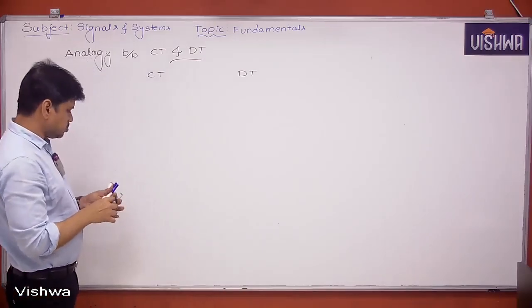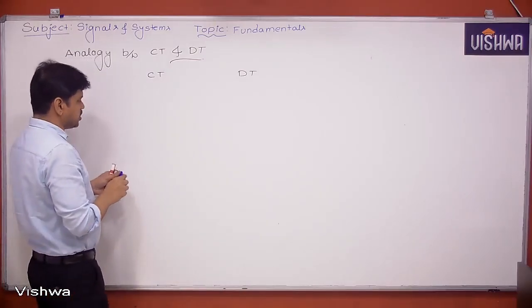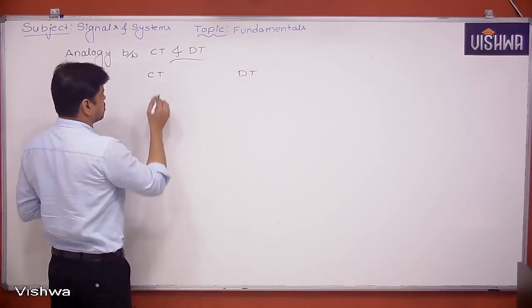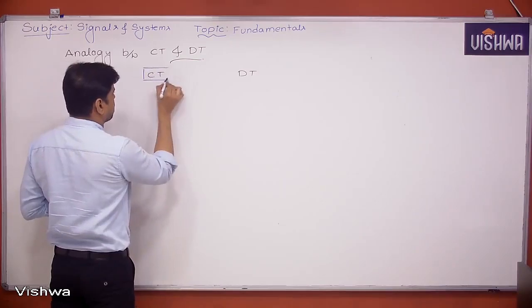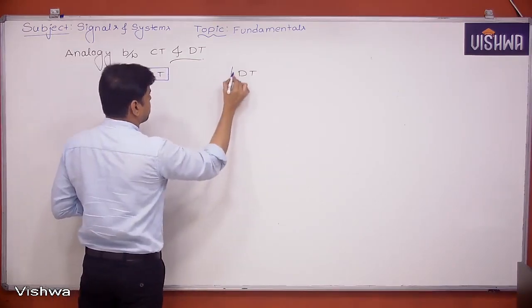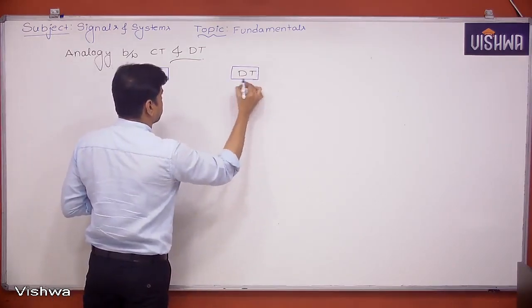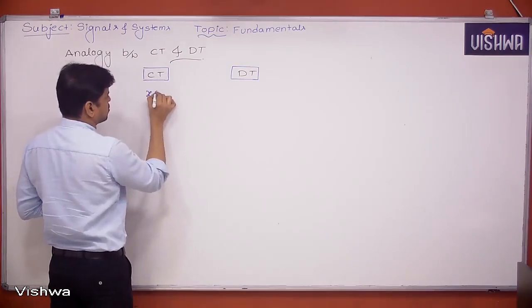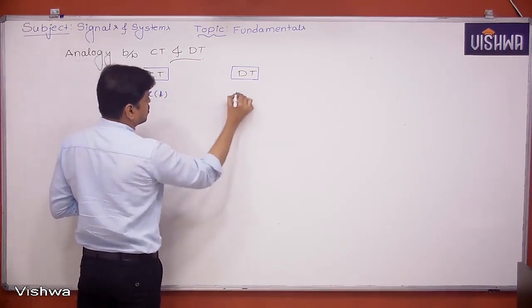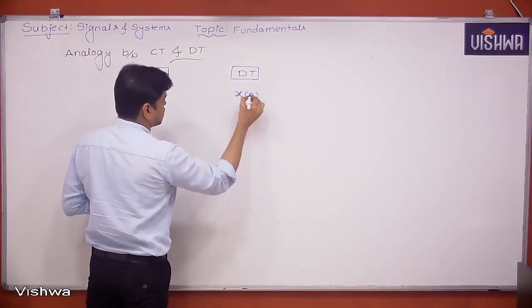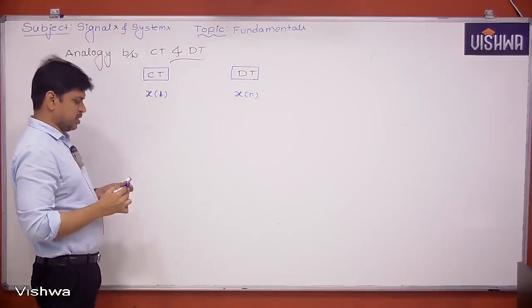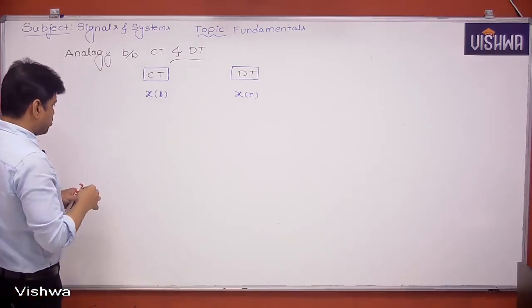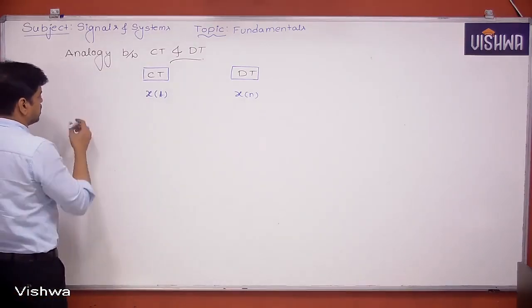First, usually the notation is x of t here, x of n here. Suppose I want to show a delay.